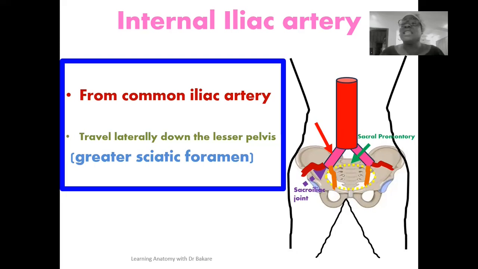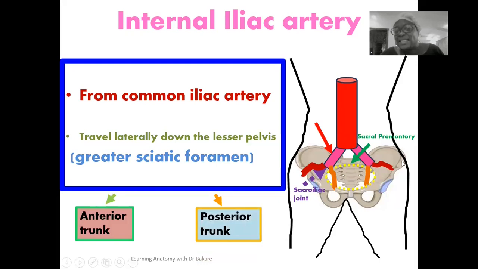The branches of the internal iliac artery will emerge from the anterior and the posterior trunk, but there is an initial division of the internal iliac artery into the anterior and the posterior trunk before we then have the final emergence of its branches. If you look at this image by this side, we have the internal iliac artery that is contained within the true or the lesser pelvis.